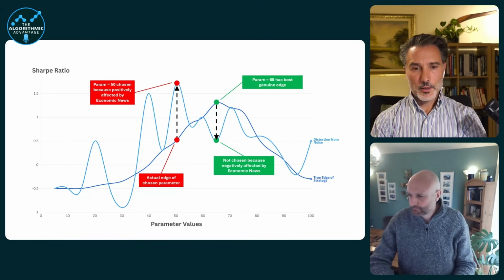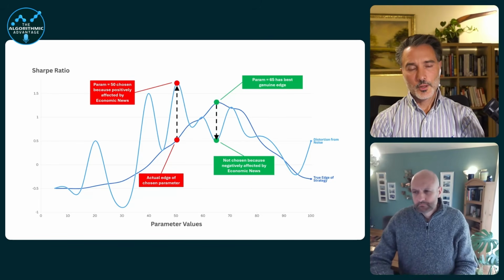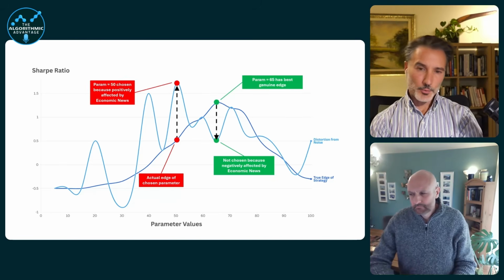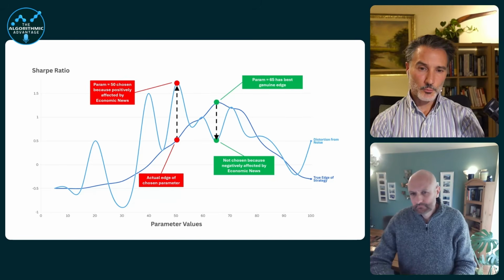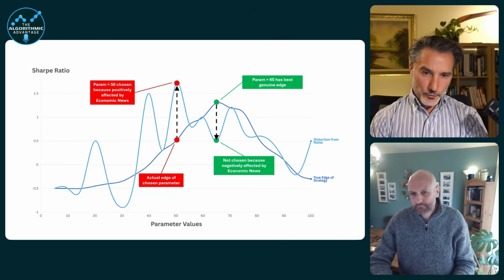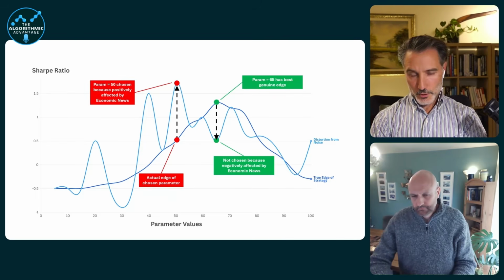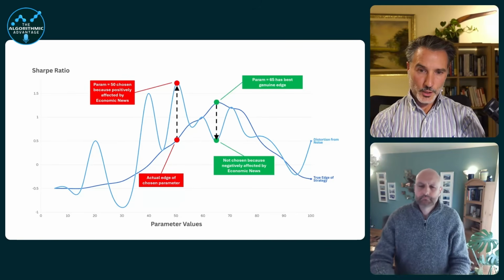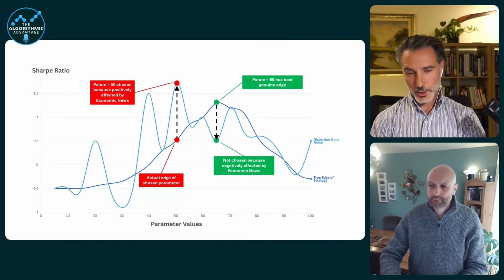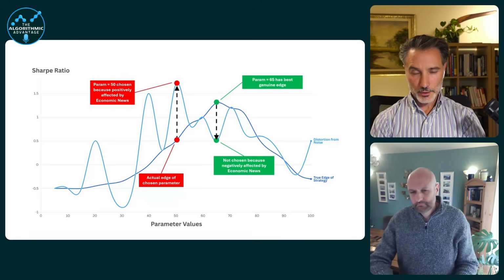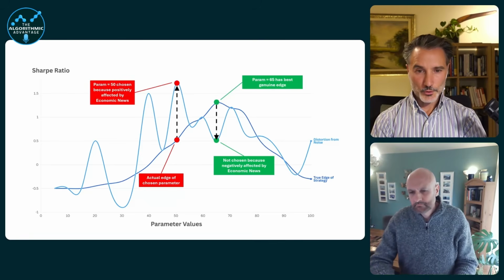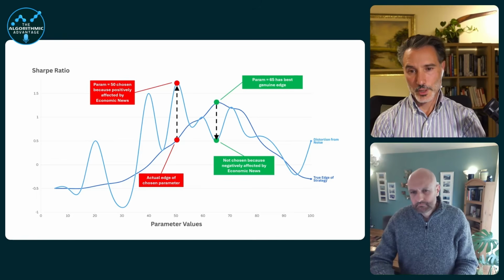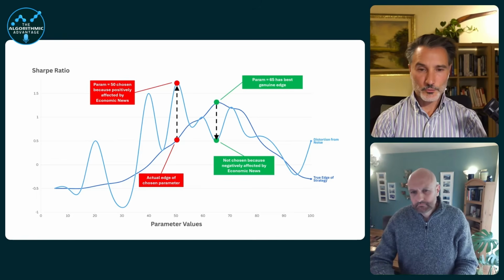Yeah, exactly. Now, in reality, what can happen is that there can be other factors, noise, news, and so on, that mean that particular parameter value may or may not actually deliver the expected result, because there could be an upward or downward impact of news.